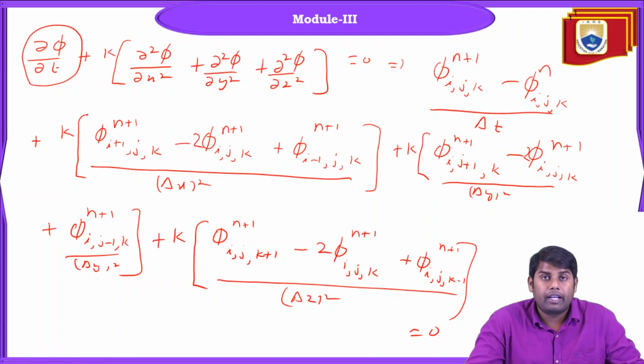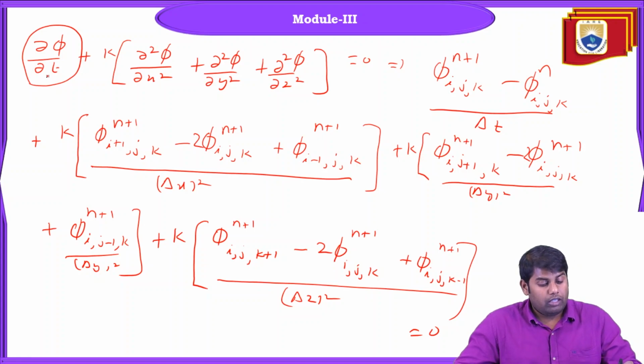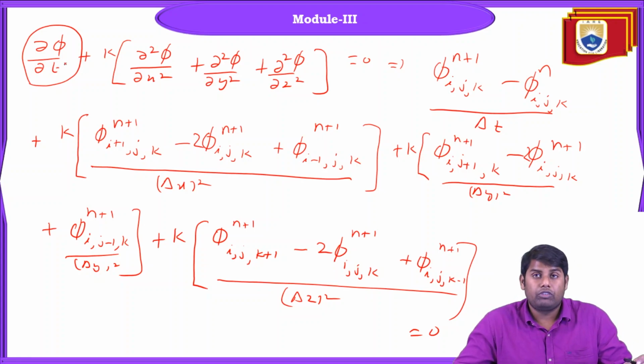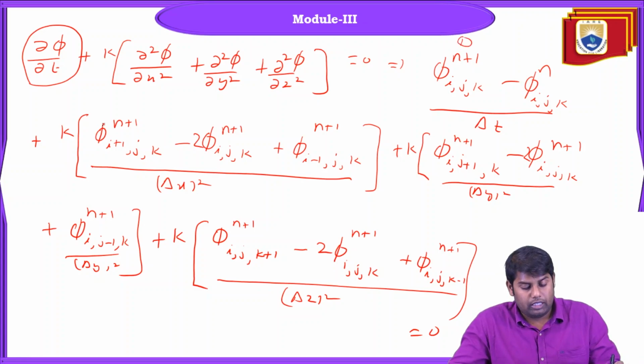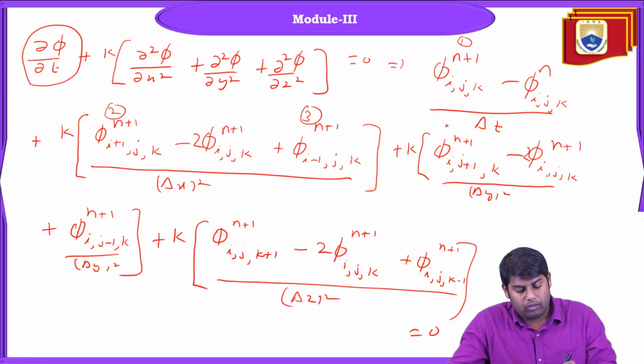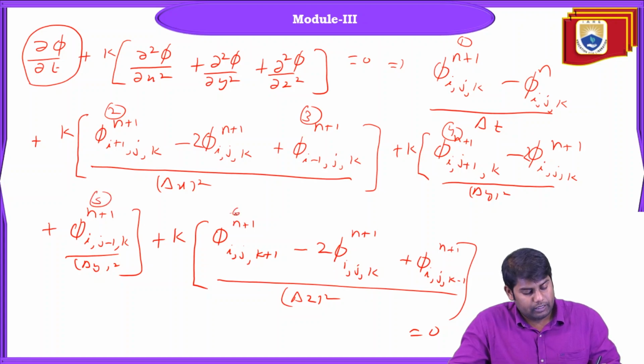So what we have here, the major difference: you can see for 3D, how many unknowns do we have? We calculate first. So we have 1, 2, 3, 4, 5, 6 and 7.